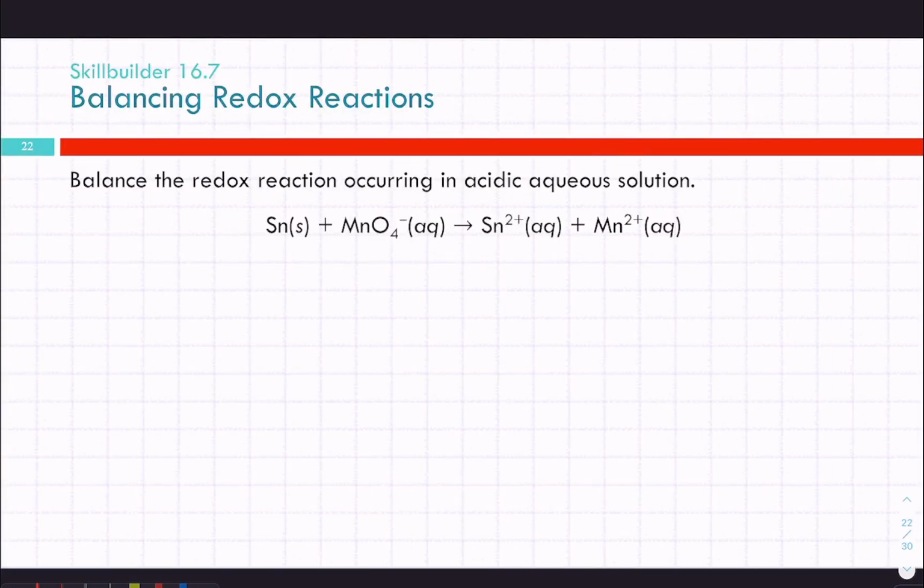Okay. So again, first step, identifying oxidation states. What's the oxidation state on tin? 0. Free elements. Gotta love them. What's the oxidation state on manganese? Not 0.